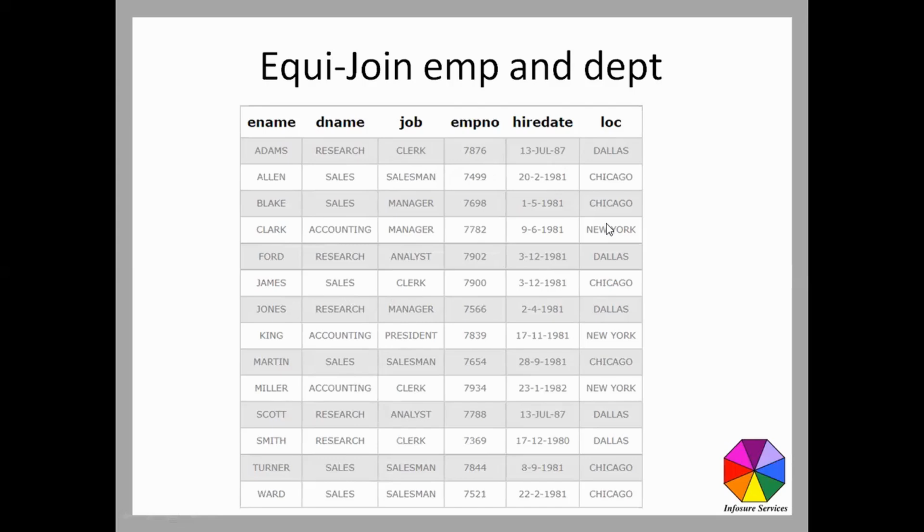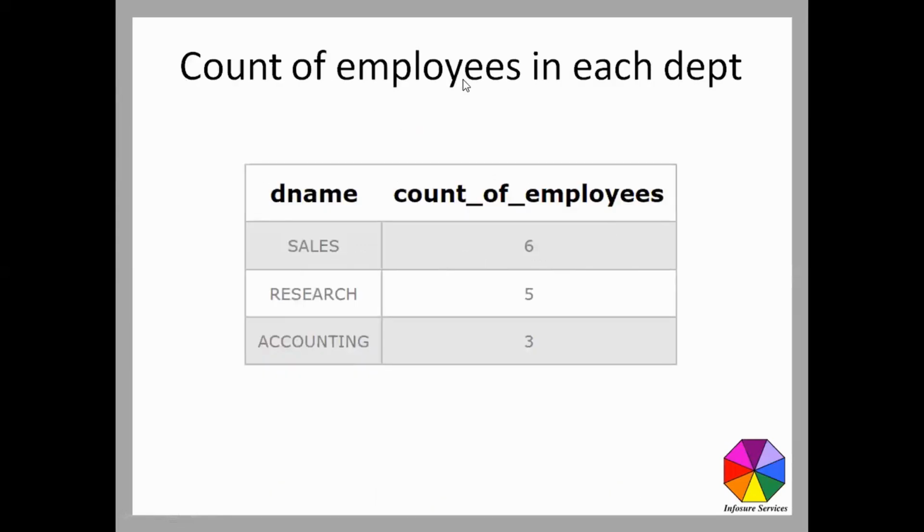Then count. I said aggregate functions like count, max, min, average, all this can be included. So sales, there are 6 employees. Research, there are 5 employees. Accounting, there are 3 employees. How? I'm grouping by this column.